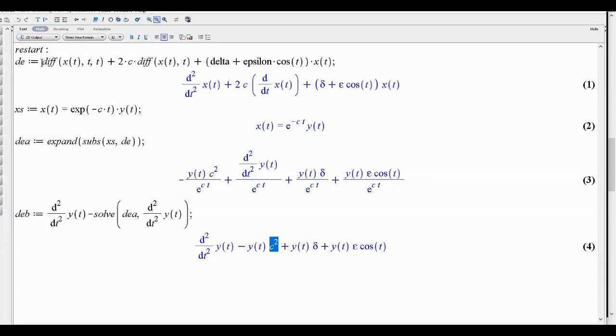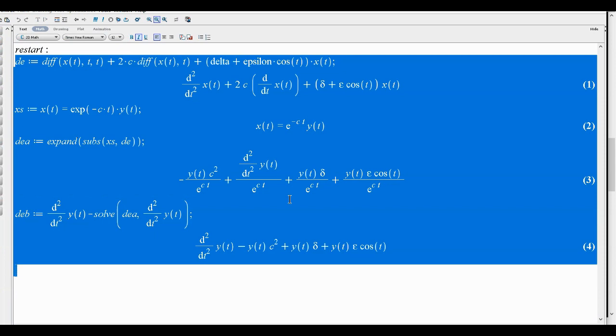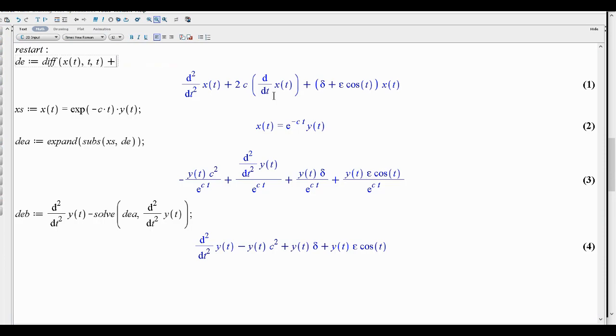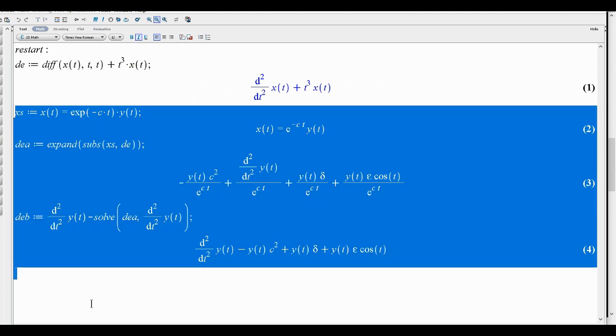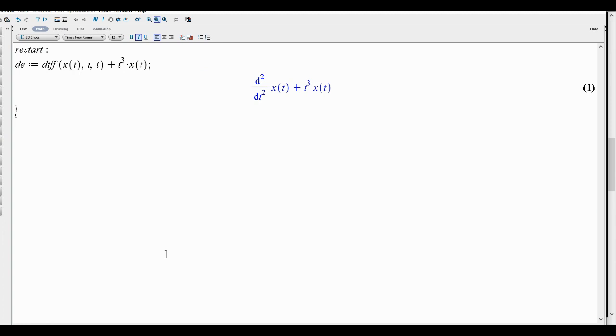So let's start over here. I'll get rid of that and say t cube times x of t, just to remind you that that is what we want. Then I will change this now, right? So what I want is, I want to say x dot is equal to diff x of tau with respect to tau times the derivative of tau with respect to t.